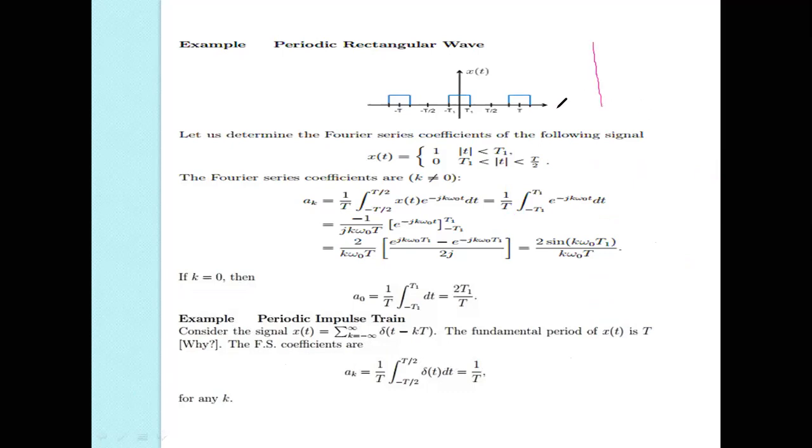Impulse function, we already know the characteristics are like this. Delta of t is 1 at t is equal to 0, and for the remaining values it is 0. So the integral from minus infinity to infinity of delta of t dt is equal to 1 for t is equal to 0 and 0 for t not equal to 0.